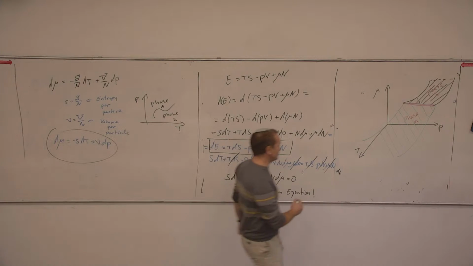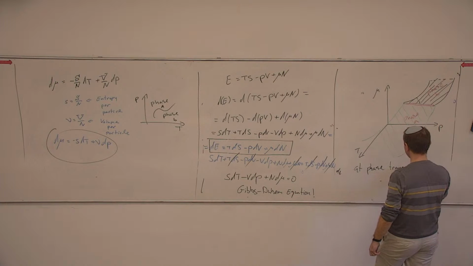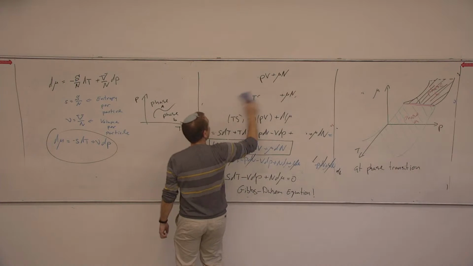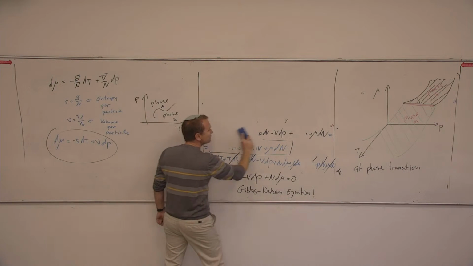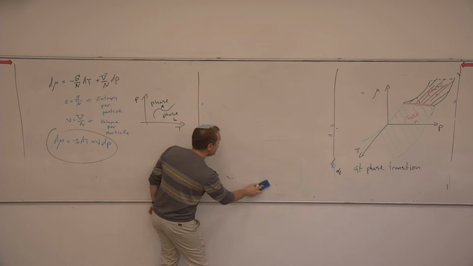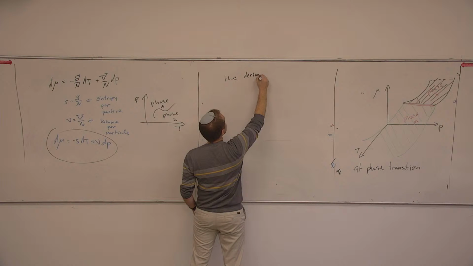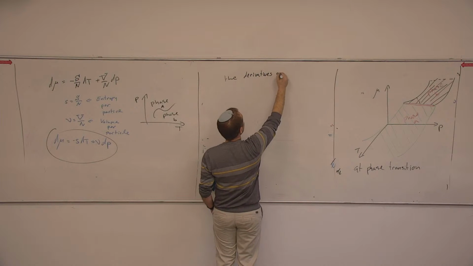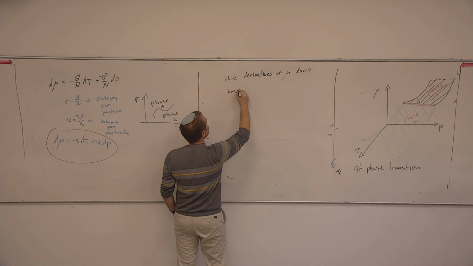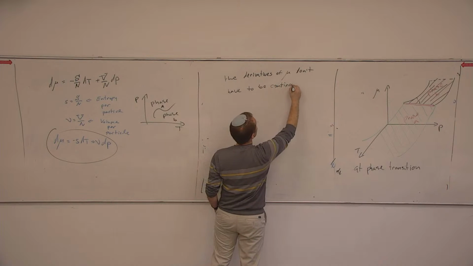So at phase transition, the derivatives of the chemical potential don't have to be continuous functions.